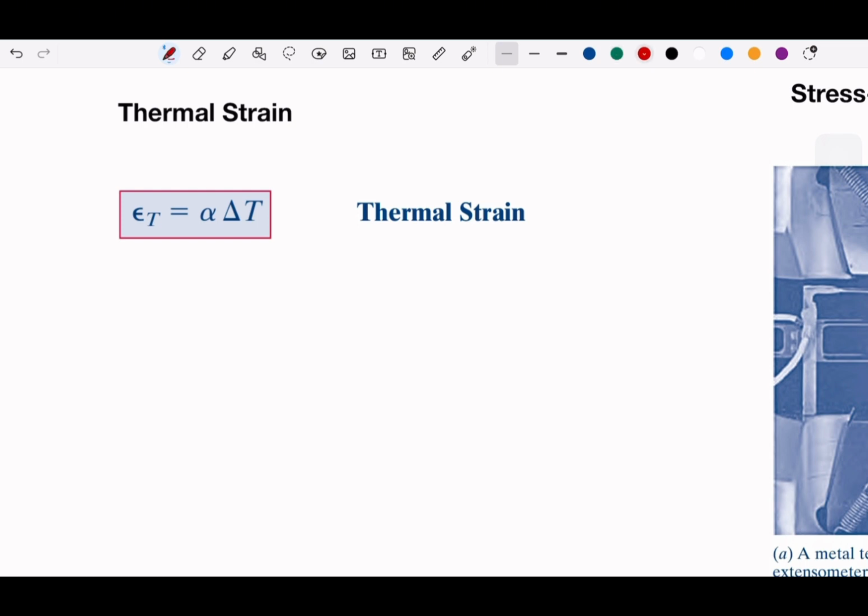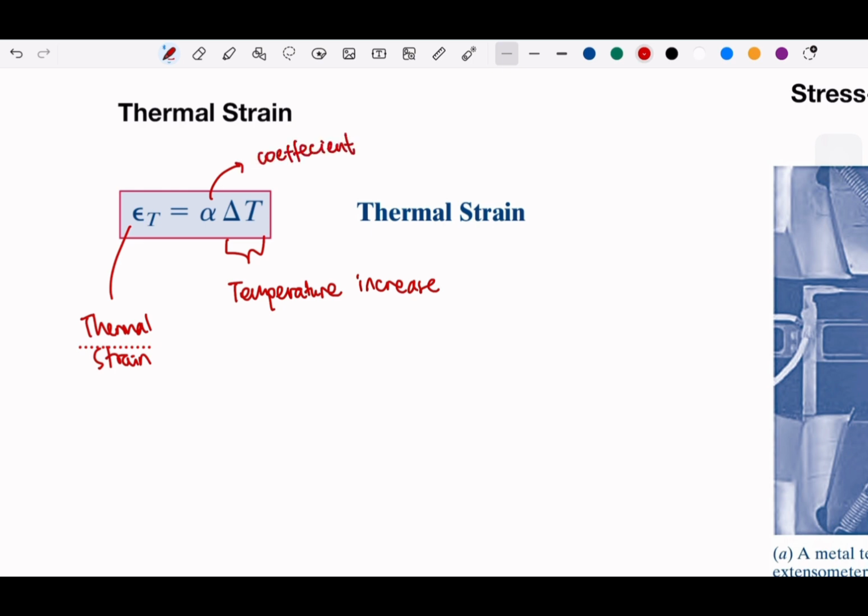So delta T is the temperature increase, and then this is the thermal strain, and alpha is the coefficient of thermal expansion.